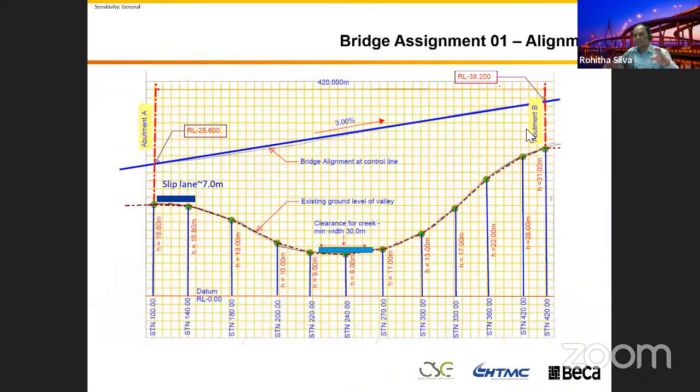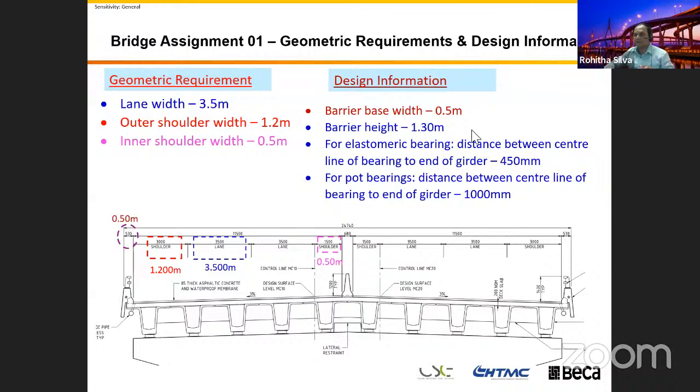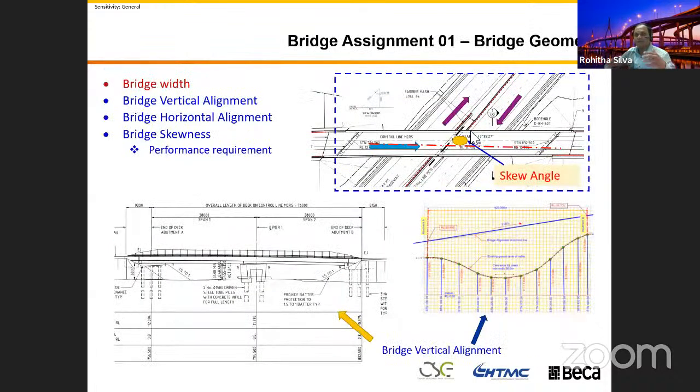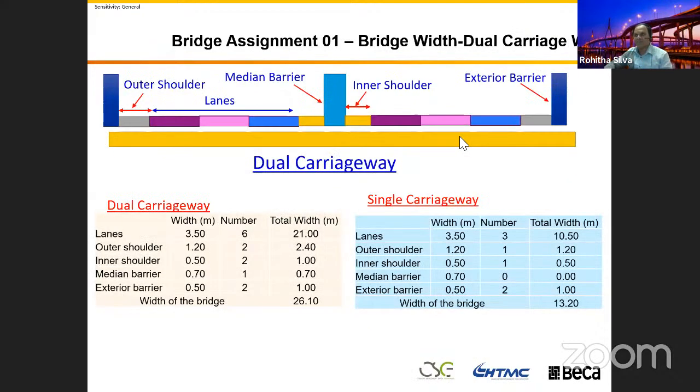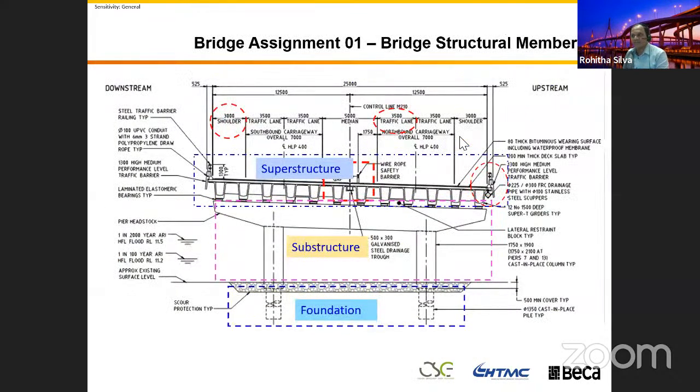But in my design, I'm going to discuss with you the simple types of bridges that we design day to day. I'm going to select my bridge superstructure as a beam slab type superstructure.